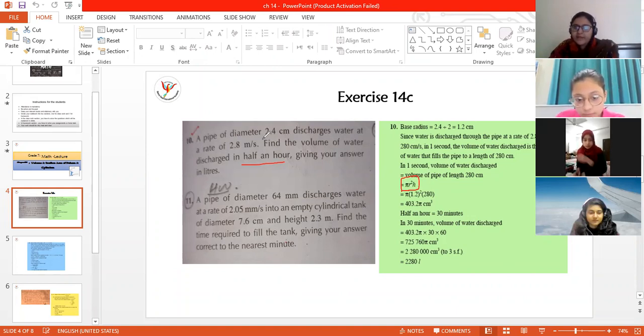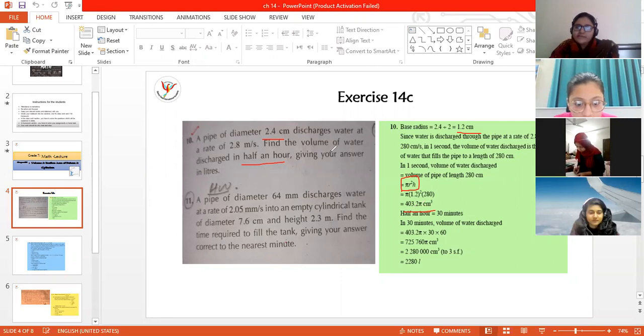If the diameter is 2.4 centimeter, what will be its radius? Divide by 2, so 1.2. So pi multiply 1.2 square multiply 280. The book is not assuming the value of pi as 3.14 or 22/7, it is just writing it as pi, so no issues. We will multiply by the value of pi in the end.